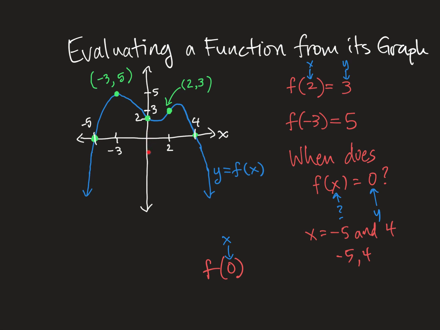I look up and down, and I've got a point right there. So when x equals 0, what does y equal? To the best of my artistic ability, 2. So f of 0 equals 2. That's the y value. Ta-da! And that's it. It's just reading points off of a graph.